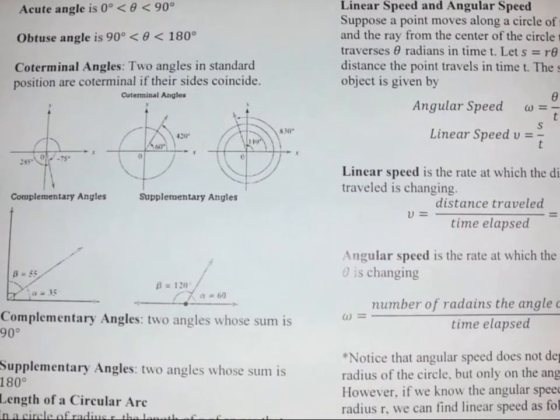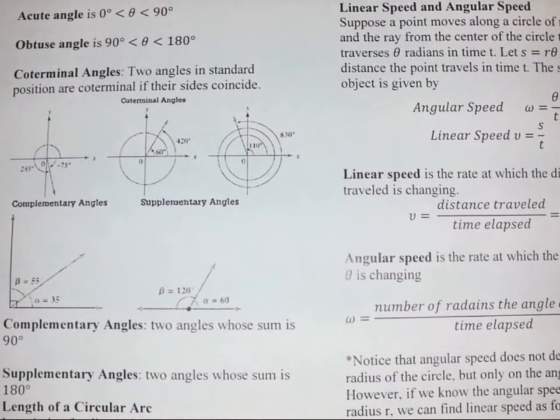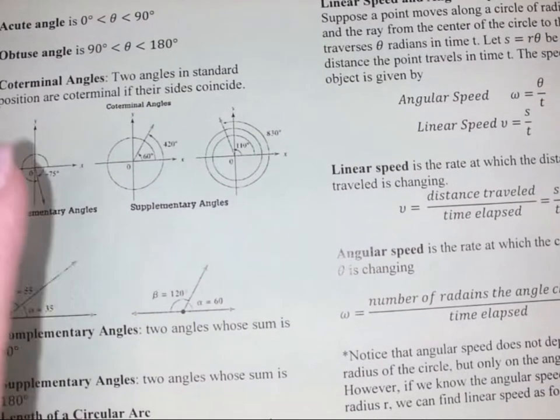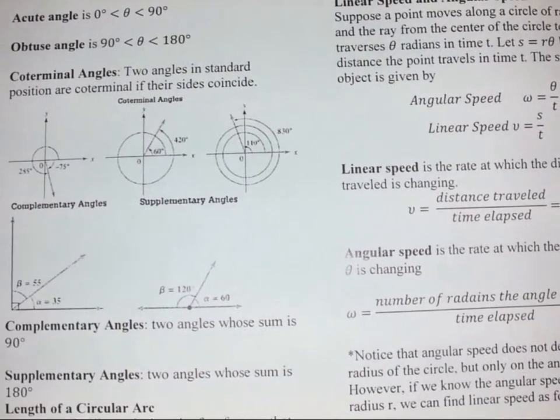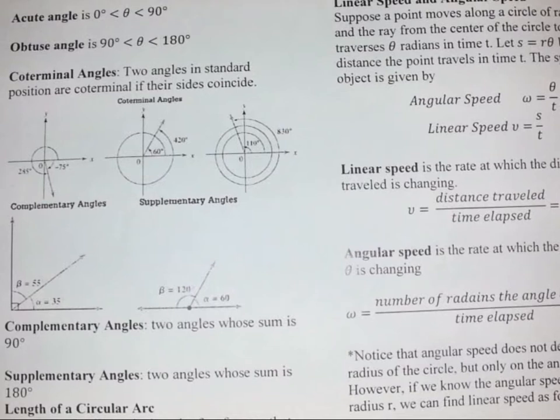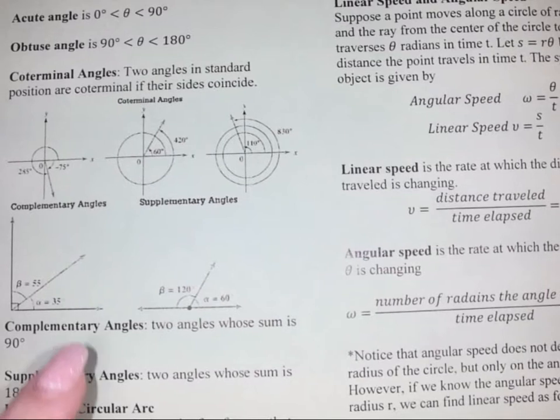So we have coterminal angles. Coterminal, remember we've talked about terminal points where they terminate. So two angles in standard position are coterminal if their sides coincide. That means they terminate at the same spot.